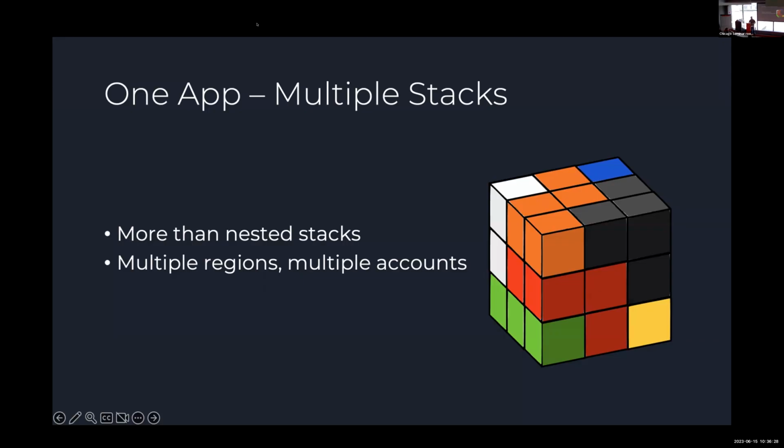You can have more than one stack in there. And sometimes that is a matter of maybe you need different deployment requirements. If you are dealing with CloudFront and certificates, you may need things in US East 1, where the rest of your app is maybe in US East 2 or US West 1.